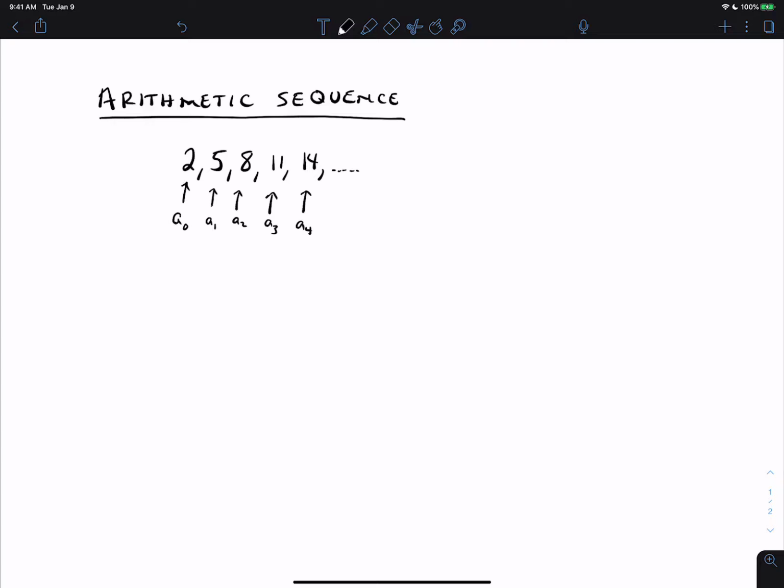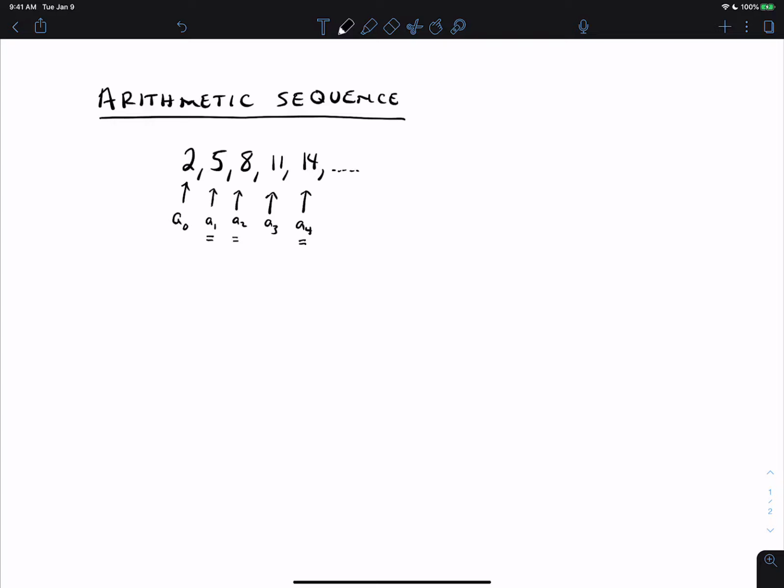So for example, to get to the A1 term, to go from 2 to that term, we've added 3 once. To get to the A2 term, to go from the initial term 2 to the term 8, we've added 3 twice. To get to the 4th term, to go from 2 to 14, we've added 3 4 times.